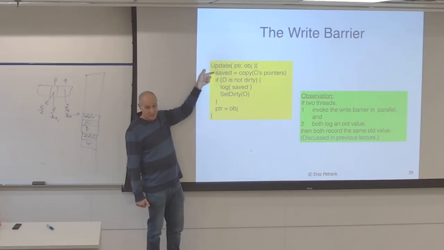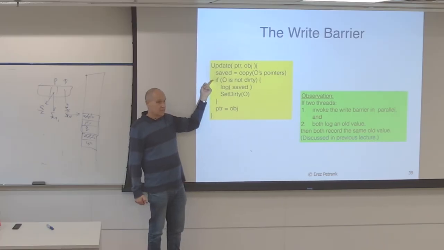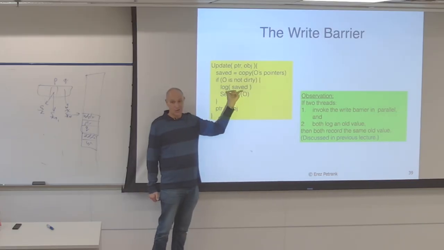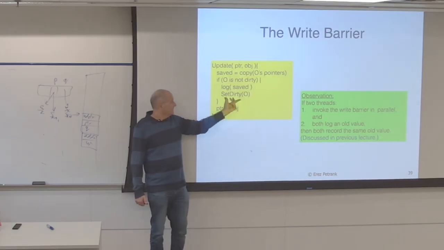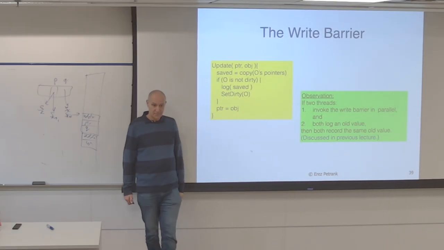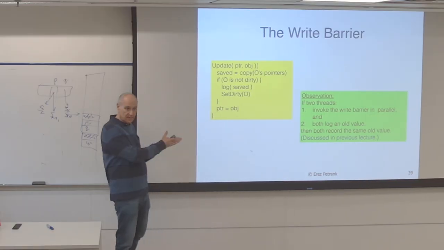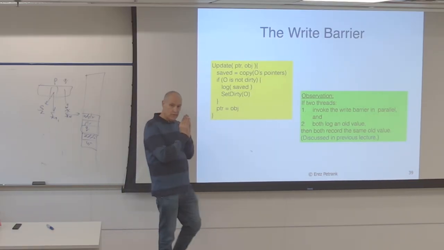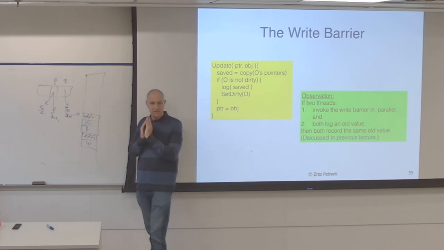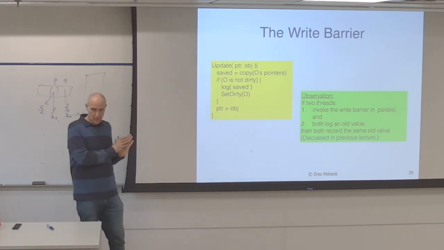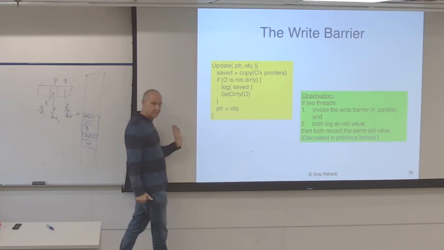I copy the values of the references. I check if it has not been copied yet. If it has not, then I log all these values and then I mark it as dirty. And we said that if we do that, we always have in the buffer the values of the previous snapshot. We have no problem.